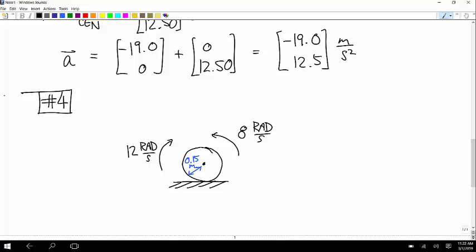The direction it's moving is dependent on the angular velocity. Just like if you have an acceleration and a velocity of an object, the direction it's moving at that instant is the velocity.